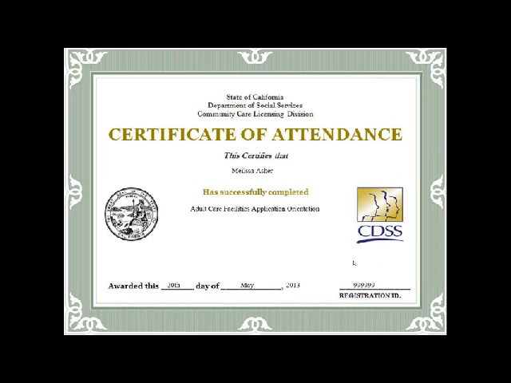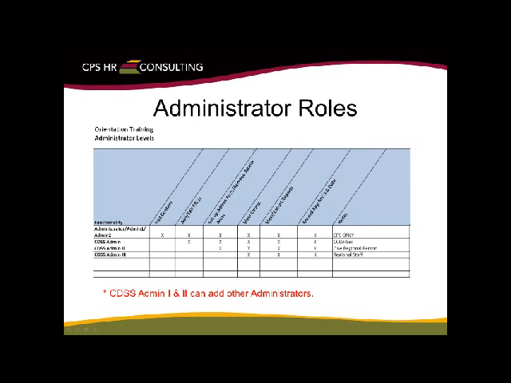Okay, so let's take a look at what we've got next. Let's talk a little bit about your administrator roles. As you know, the office submitted a list of administrators, and we have dutifully entered all of you into the system as administrators, which means you have special powers, and all of you have been entered in as either a level 2 administrator or a level 3 administrator.